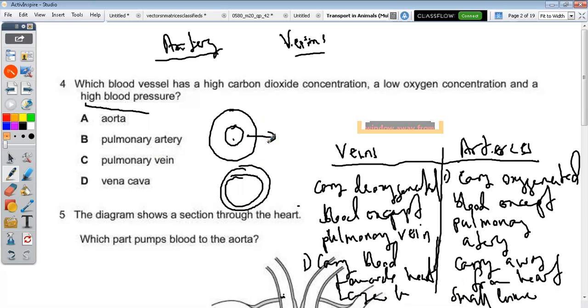Blood is transported under high pressure in all arteries. When they say high blood pressure, it means it's an artery. Clear now? Because all arteries carry blood under high pressure, they have this large lumen.